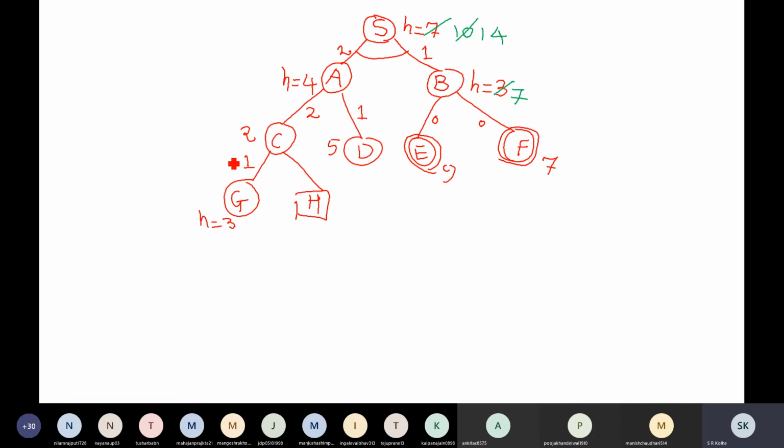It is AND. Now what will happen? The cost of H is 10.